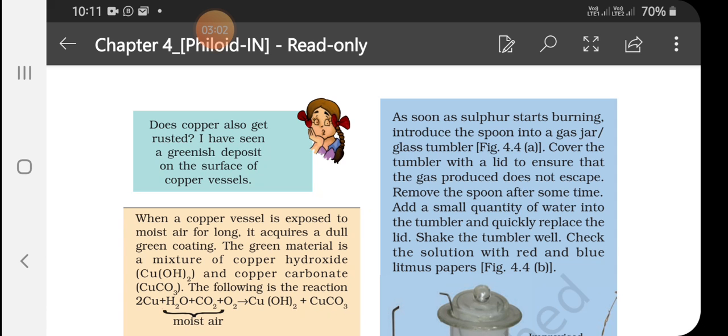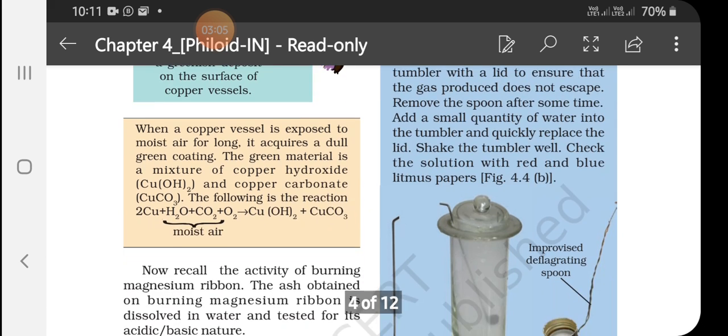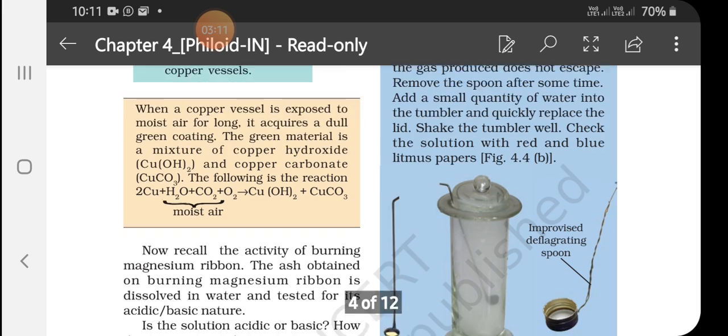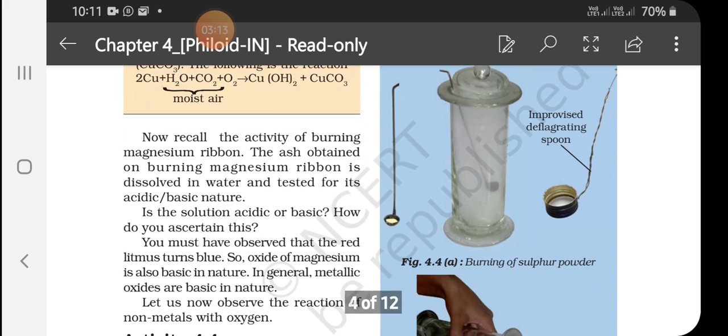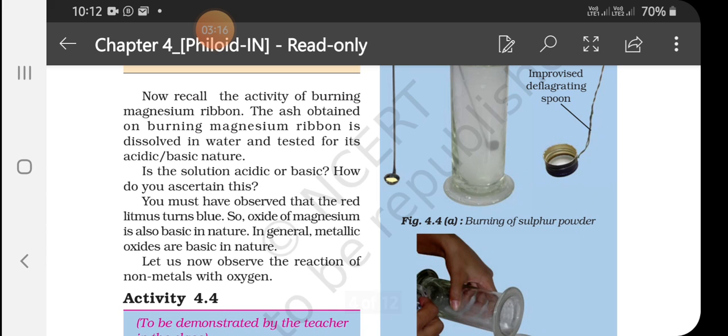So when a metal comes into contact with oxygen, its compounds form. The same activity you can perform with magnesium oxide also. When the magnesium ribbon is burned and the white ash is formed, that ash, magnesium oxide, gives the same test. The red litmus paper converts into blue.